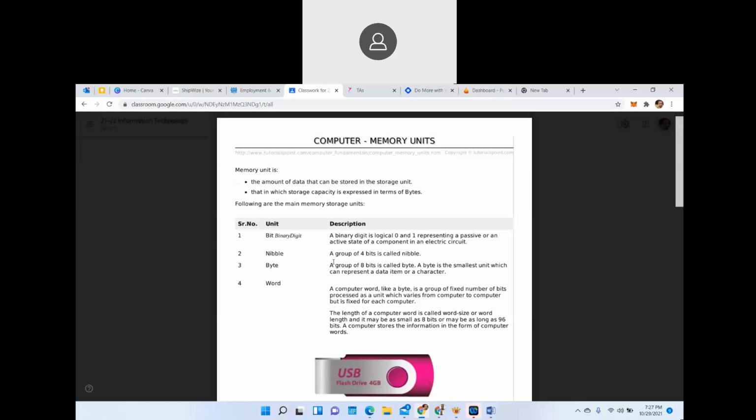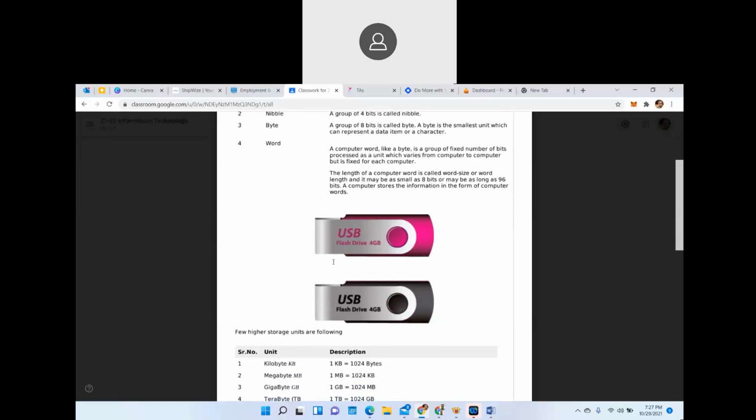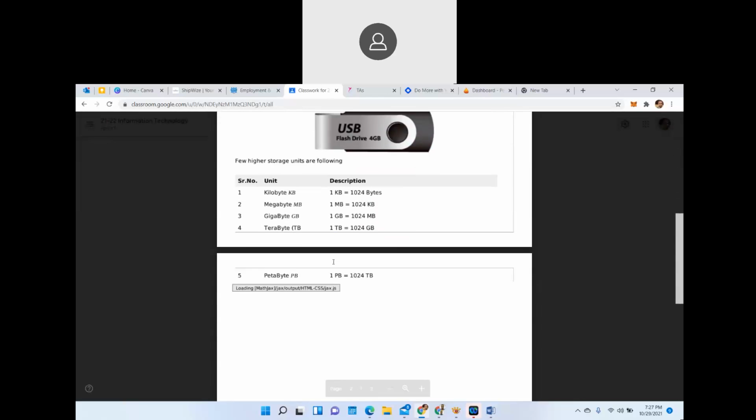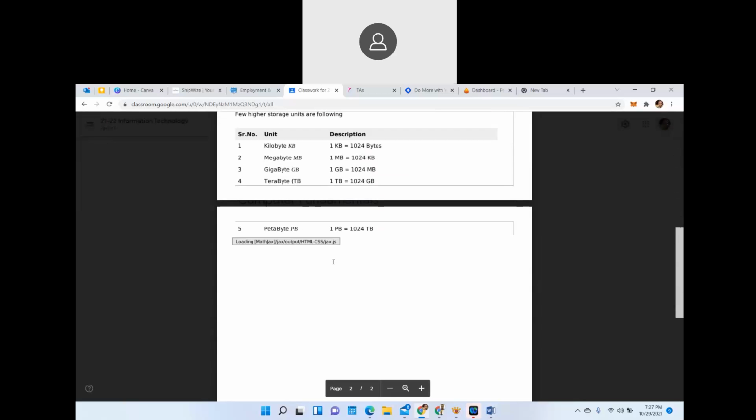The next thing that we need to focus on is kilobyte, megabyte, gigabyte, terabyte, petabyte. Especially when it comes to storage devices, you need to understand what these things mean. Now, 1000 bytes, or 1024 to be exact, is equal to 1 kilobyte.